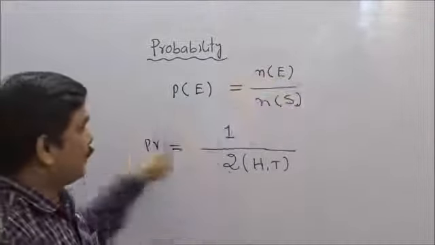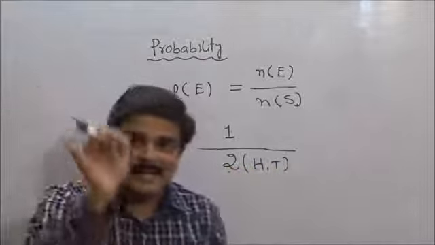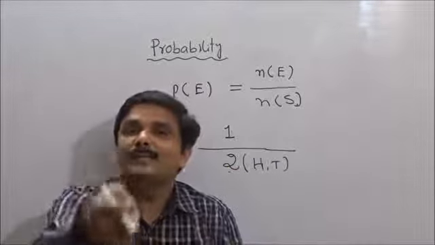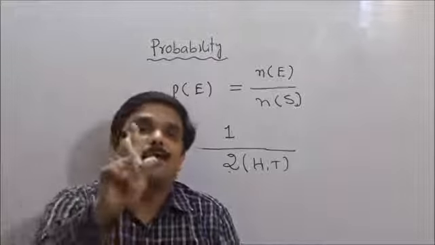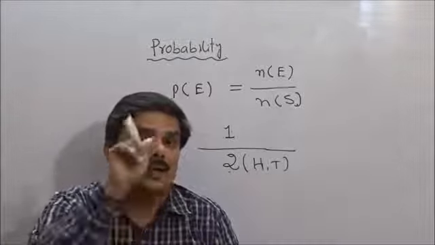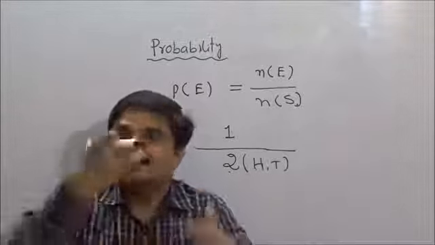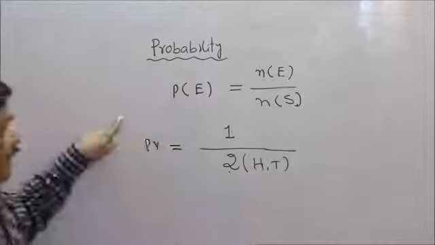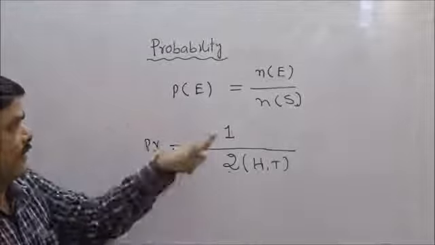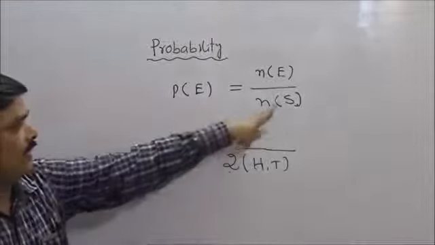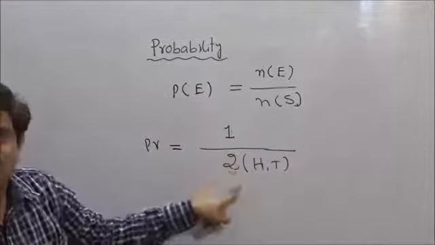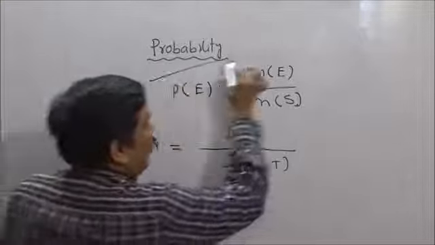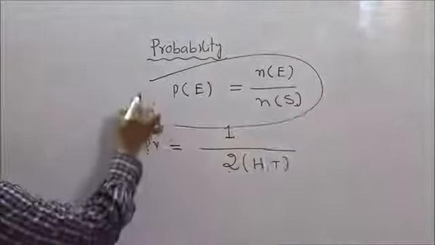Here, what is the probability of getting a tails in a single toss of a coin, one toss of one coin? Now simply we can say that number of desired events is 1 out of sample space. Got the clarity? This is called finding out probability.